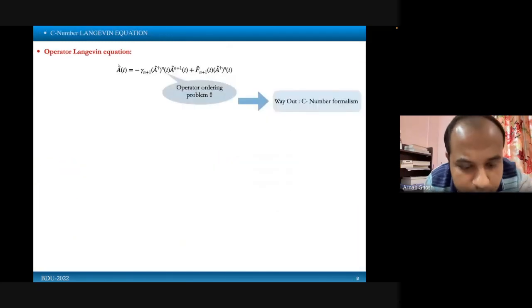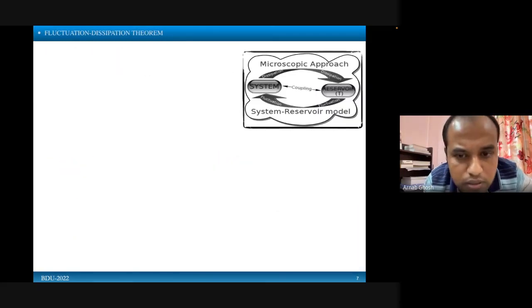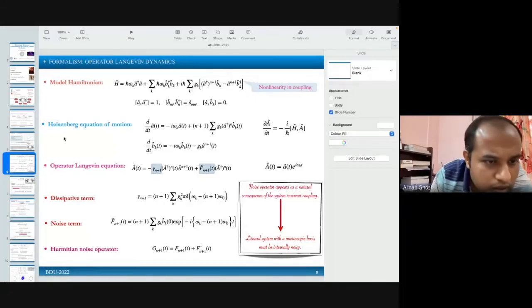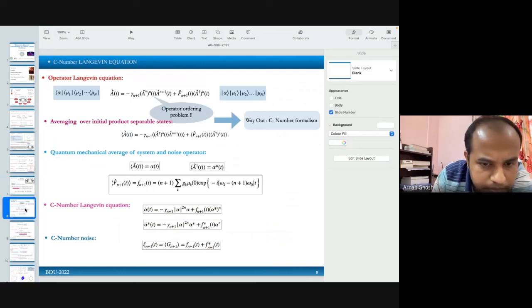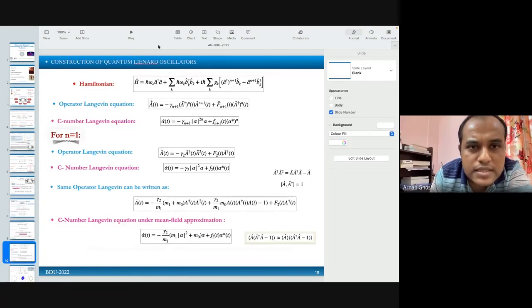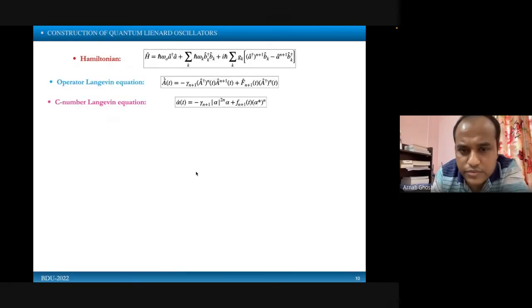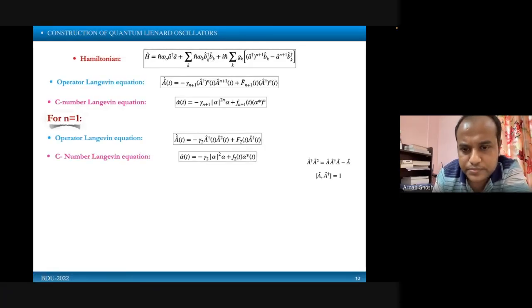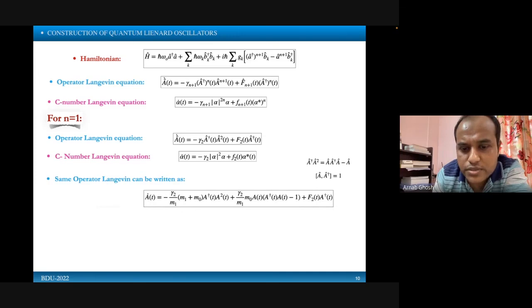Here, this appears because, as I said, if you have the standard operator, this is how you get, for n equal to 1, a dagger a squared.